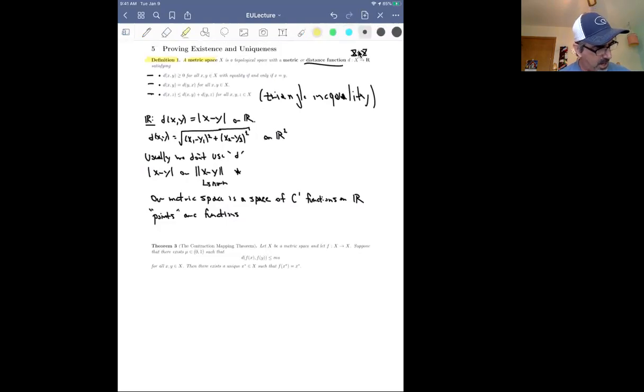The second piece of background is theorem 3 down here that we're going to use. It's called the contraction mapping theorem. I have to tell you what a contraction mapping is, but that's inherent in the theorem. It gives us a way of finding a unique fixed point for some function on that metric space X. It says, let X be a metric space.